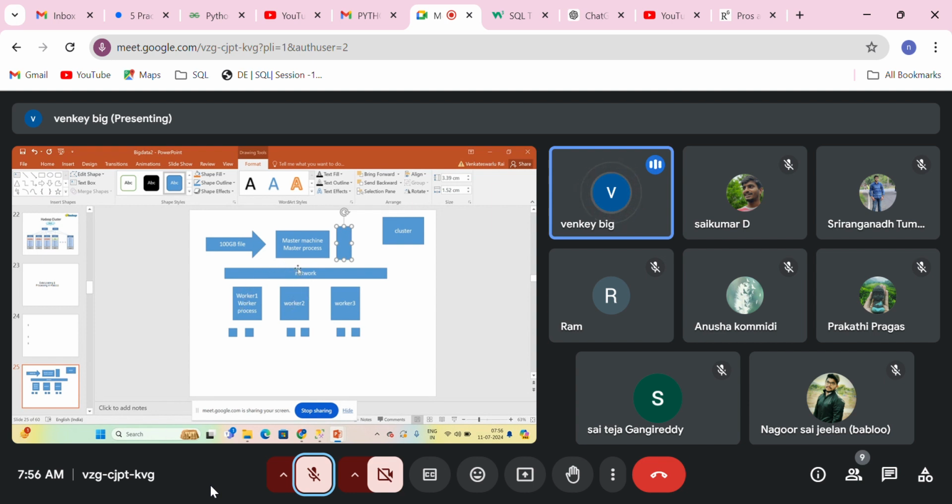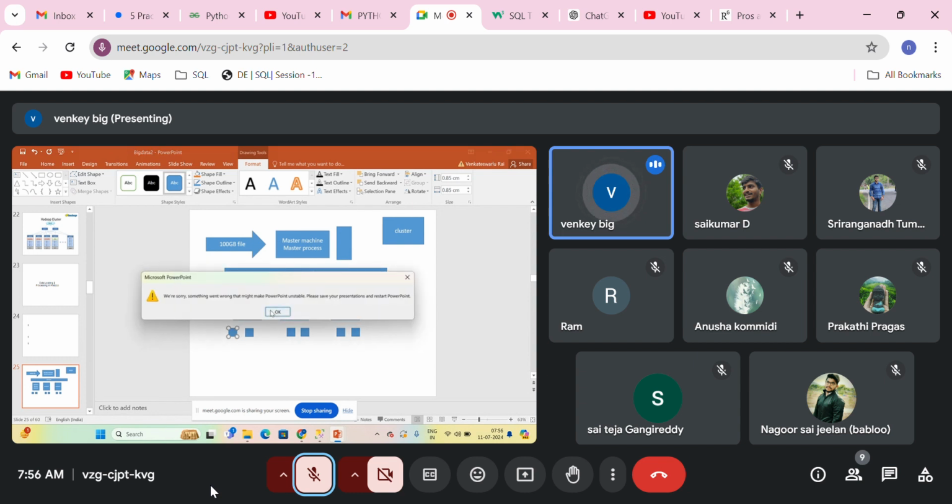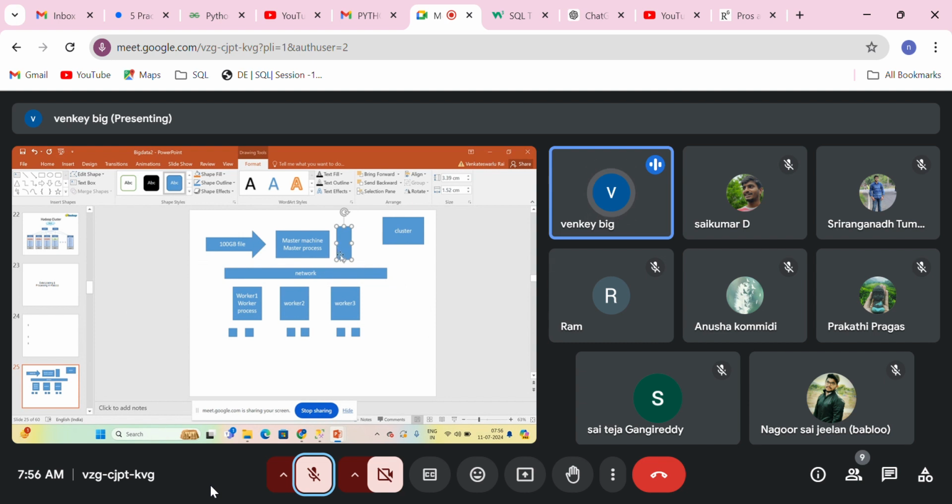But the chunking of the data depends on a concept called block. There is a concept called block size. Depending on the block size, your data will be chunked into multiple parts and stored in multiple nodes.